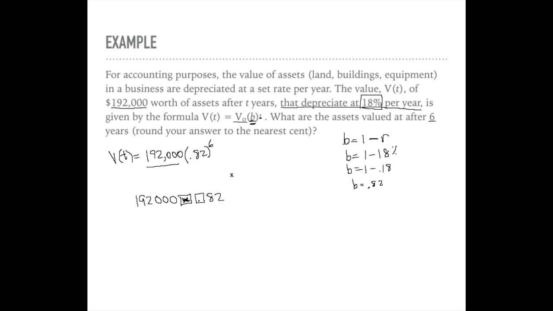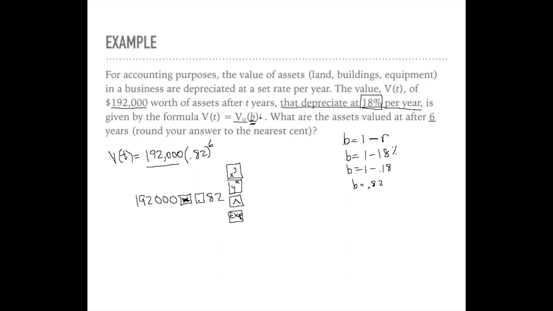Now here's where most of them differ. You could have an X to the Y button. You can have a Y to the X button. You could have a little caret; if you're using your computer, it's the shift and then the 6, which looks like a little triangle missing the base. Any one of those, some of them have the exponent button.